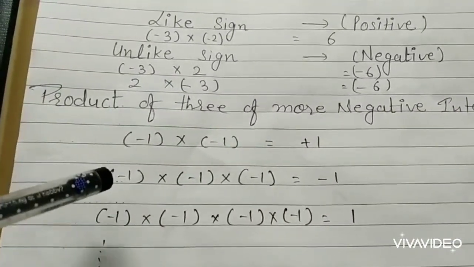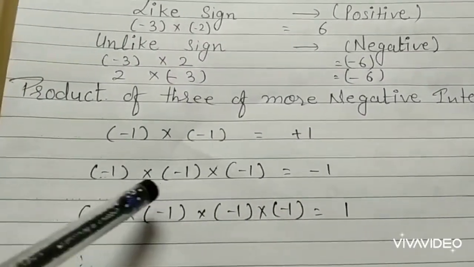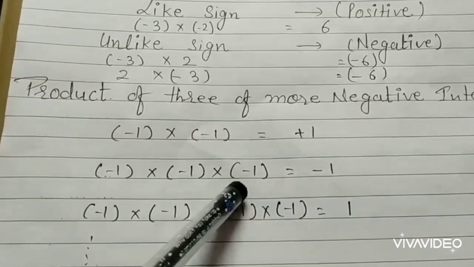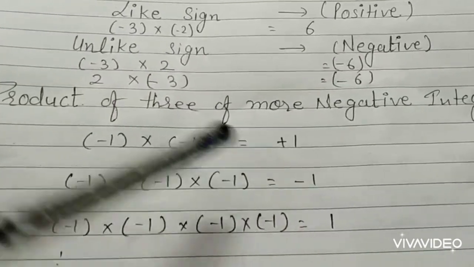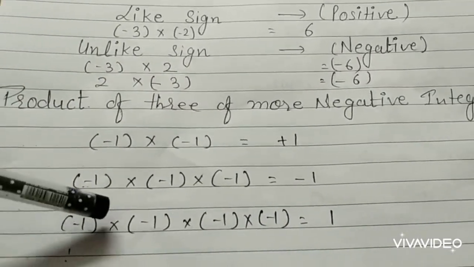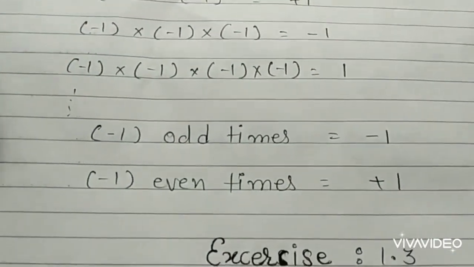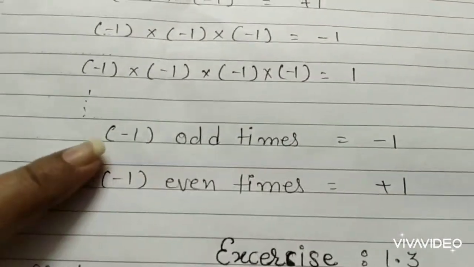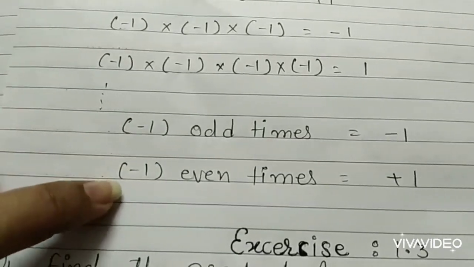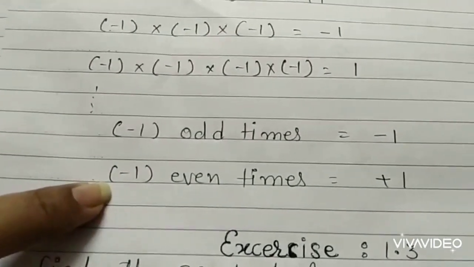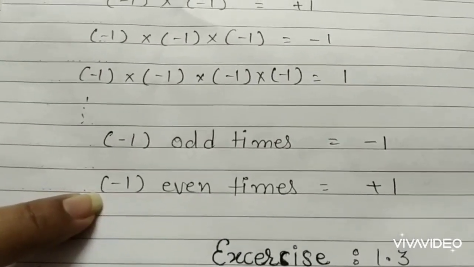Now if we take minus 1 three times, minus 1 multiplied by minus 1 multiplied by minus 1, then it will be a negative integer. If we take minus 1 four times, then it will be a positive integer. So it states that if we take minus 1 an odd number of times, then it will be a negative integer, and if we take minus 1 an even number of times, that means 2 times, 4 times, 6 times, then it will be a positive integer.